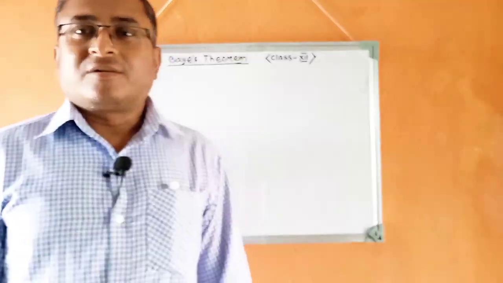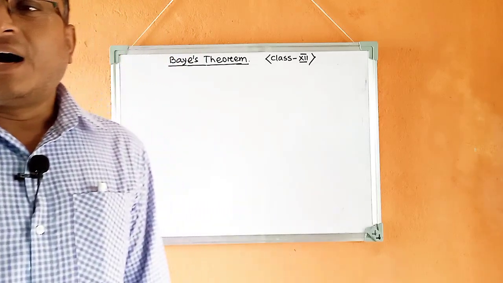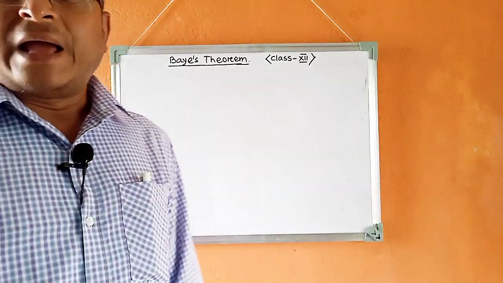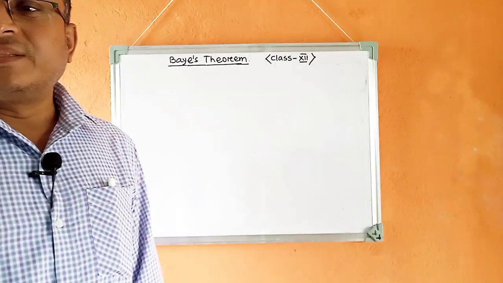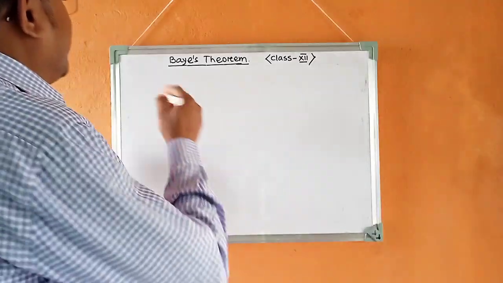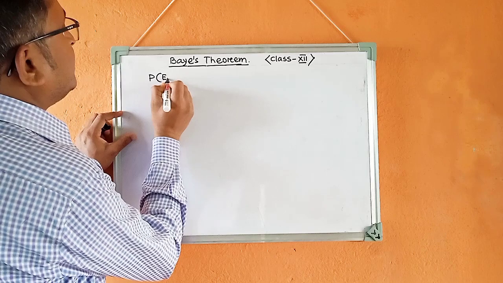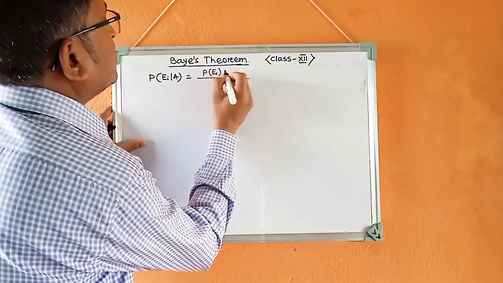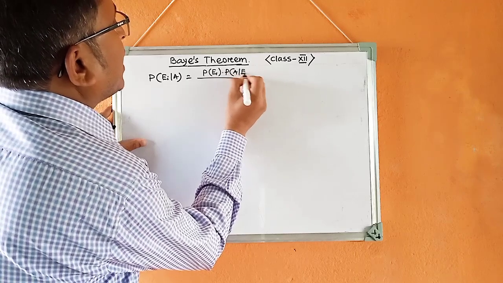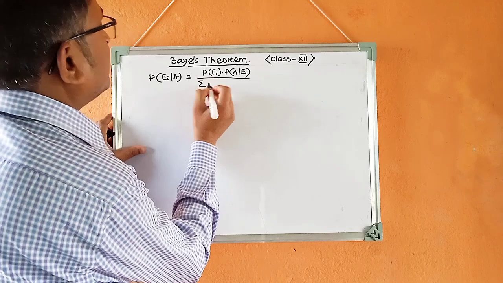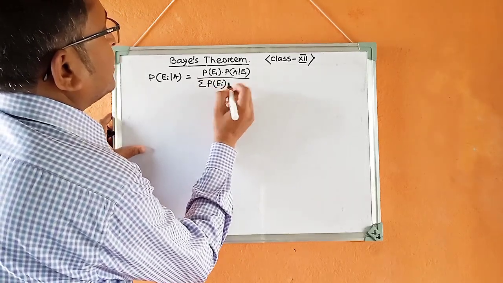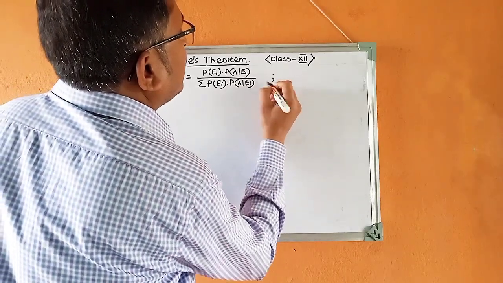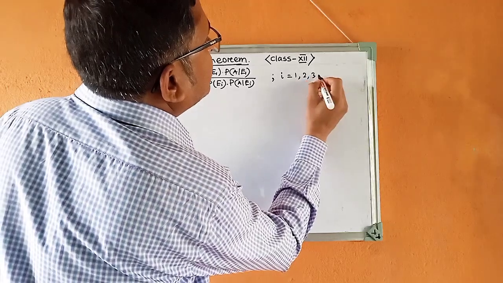If E1, E2, E3 up to En are mutually exclusive and exhaustive events associated with a random experiment, and A is any event associated with the experiment, then we write P(Ei|A) is equal to P(Ei) into P(A|Ei) divided by the summation of P(Ei) into P(A|Ei), where i equals 1, 2, 3 up to n.